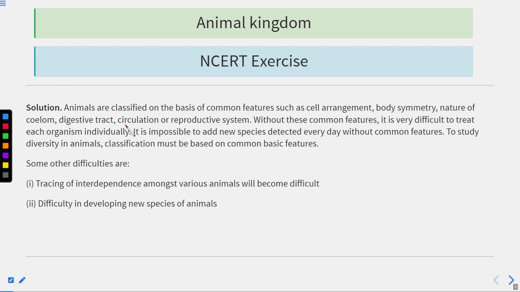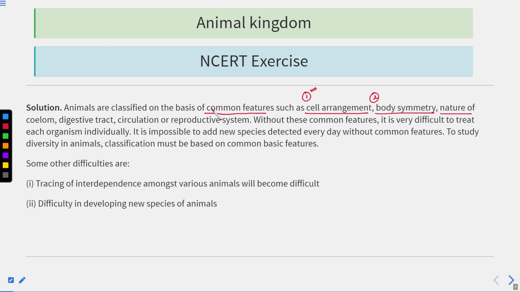So here is the solution. Animals are classified on the basis of common features such as cell arrangement. This is the first feature that you took into account. Body symmetry, what type of symmetry the body is having, whether it is bilateral symmetry, radial symmetry, or sometimes asymmetrical.